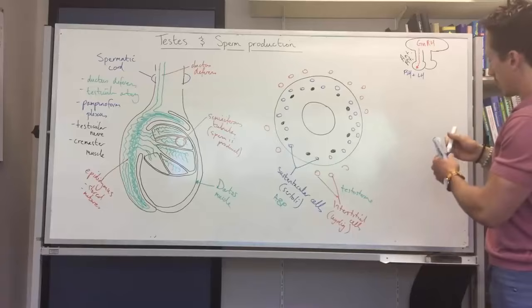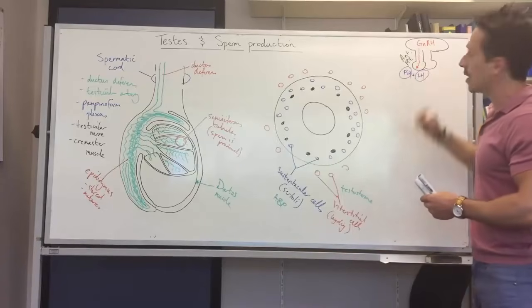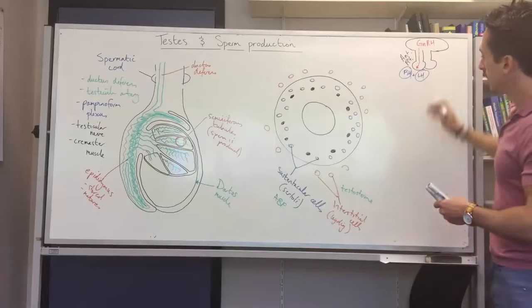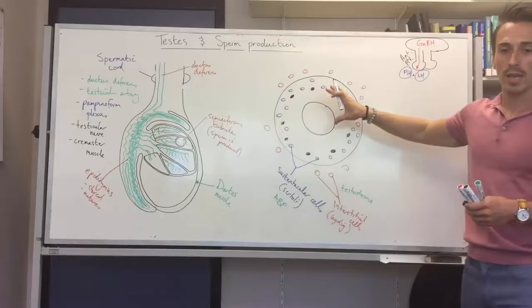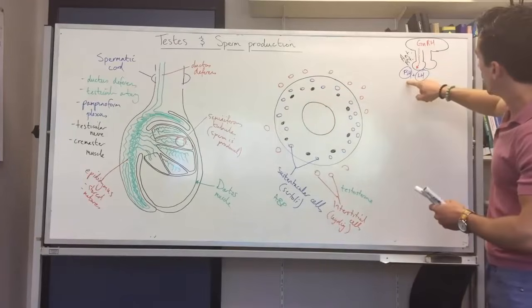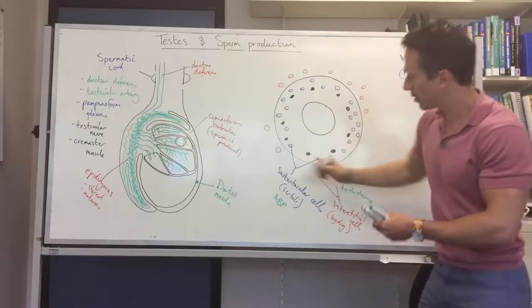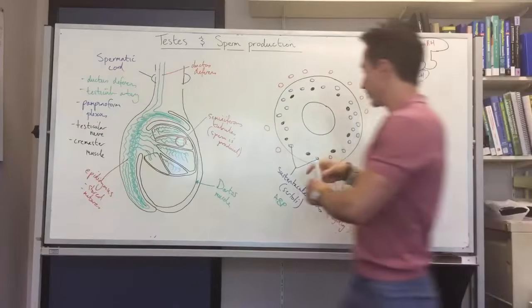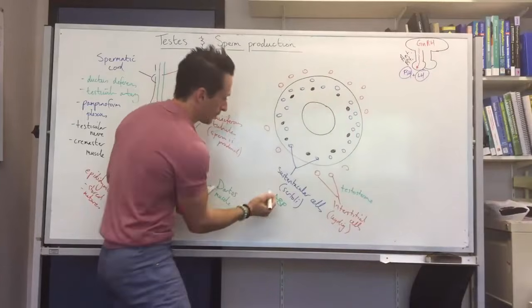Now, when a male reaches puberty, these two hormones travel to the seminiferous tubules. And if we have a quick look, you'll find that the follicle stimulating hormone travels to the Sertoli cells and stimulates Sertoli cells.